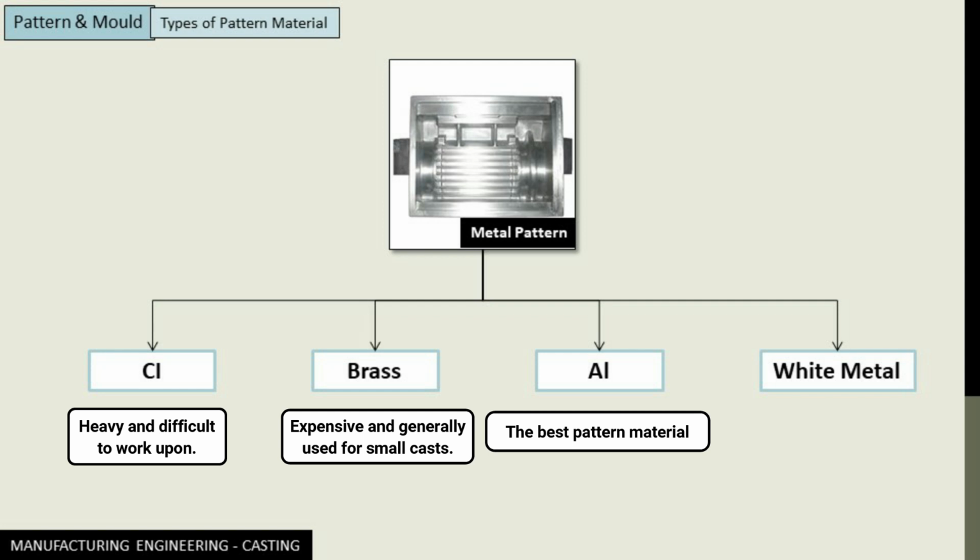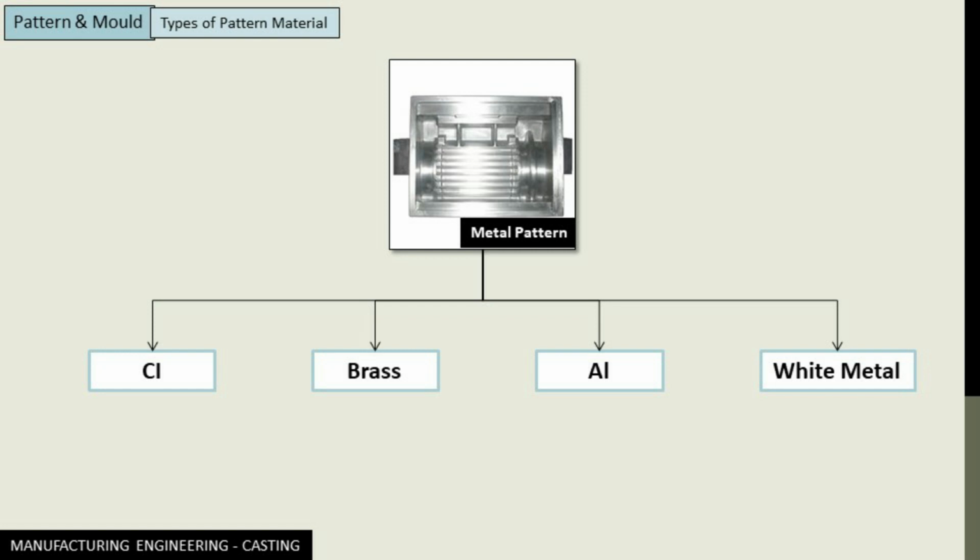And last but not the least, we have white metal. White metal has low shrinkage. It can be cast easily and, similar to aluminium, has a low melting point. It is light in weight and can also be built up by soldering. But it is also subject to wear by the abrasive action of sand.